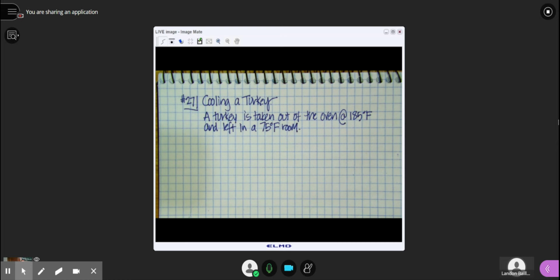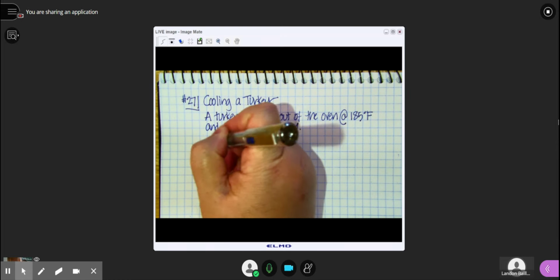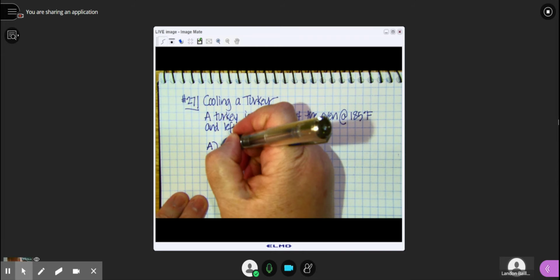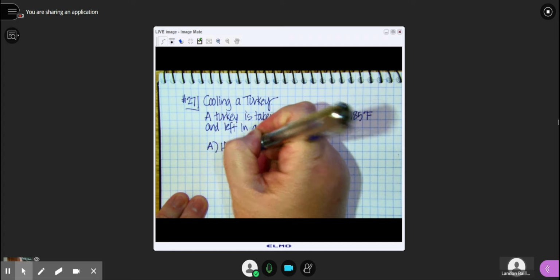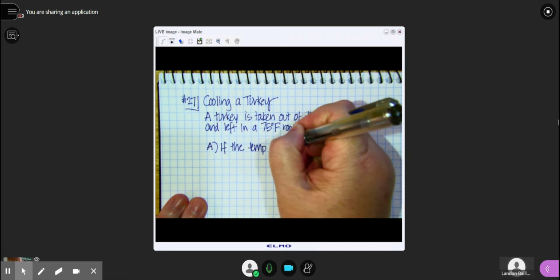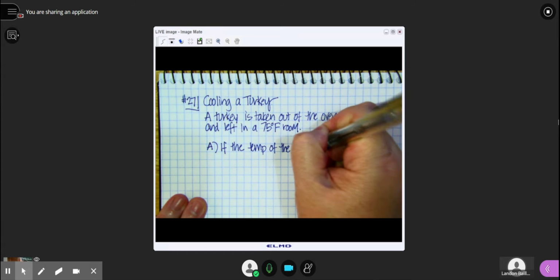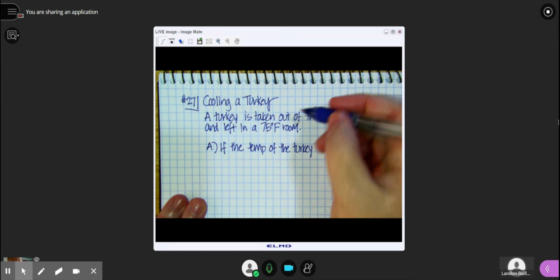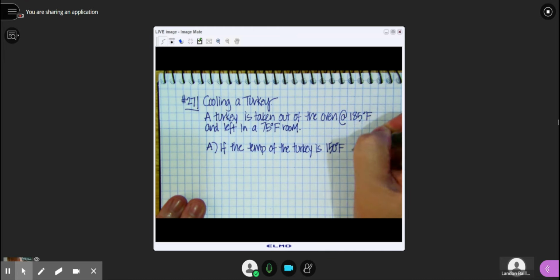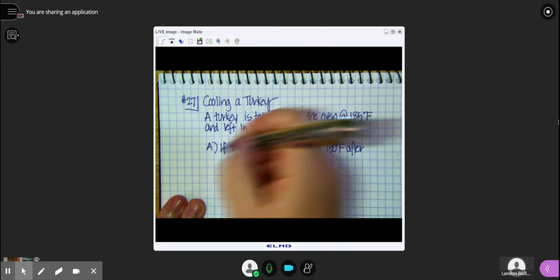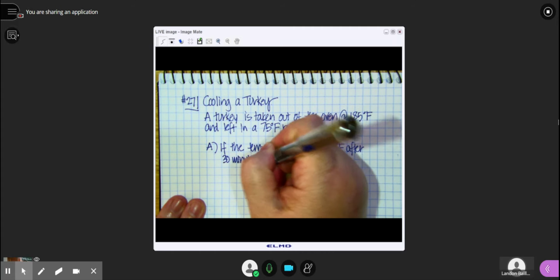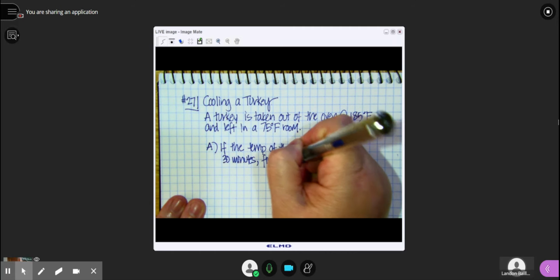This is all the information we're getting to start. If the temperature of the turkey is 150 degrees Fahrenheit after 30 minutes, find k.